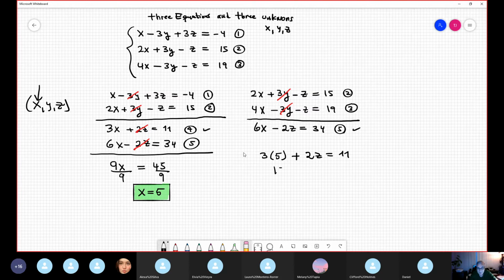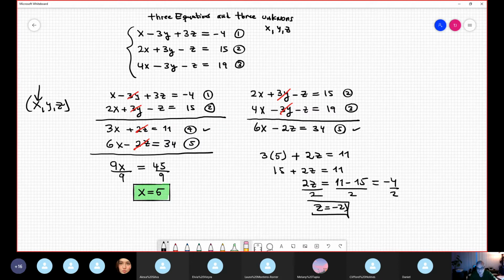And 3 times 5 is 15, plus 2z equal 11. 2z is equal 11 minus 15, which is negative 4, divided by 2. Negative 4 divided by 2 is negative 2.